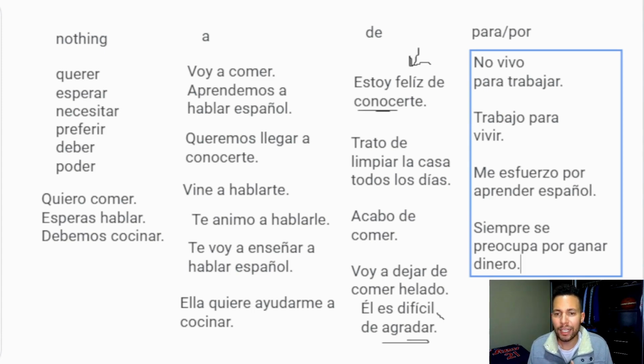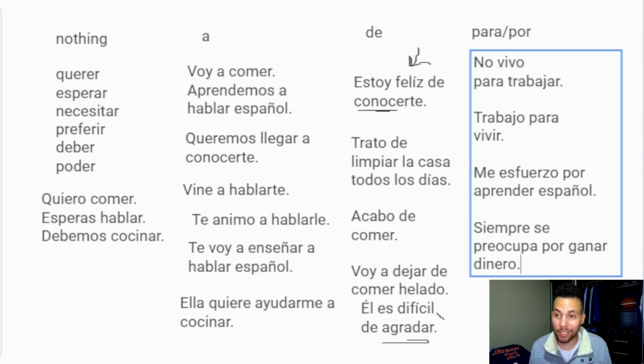But the idea here is whenever we want to say esforzarse, to exert oneself, and we attach an infinitive verb to that verb, generally we're going to put por in between the two grammatical components. And it's usually best to just memorize that specific one.